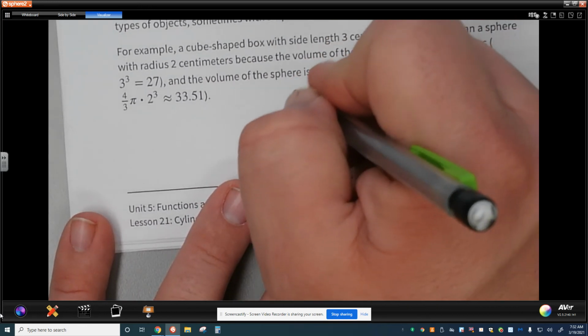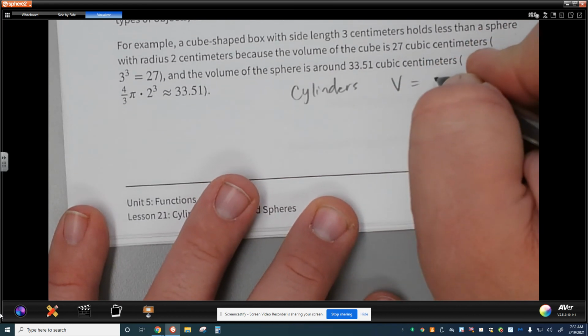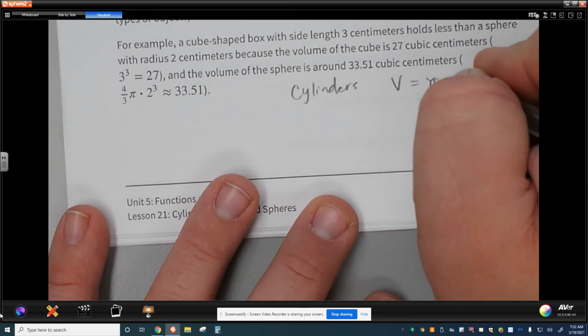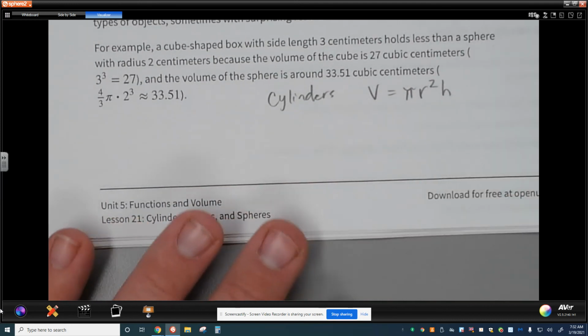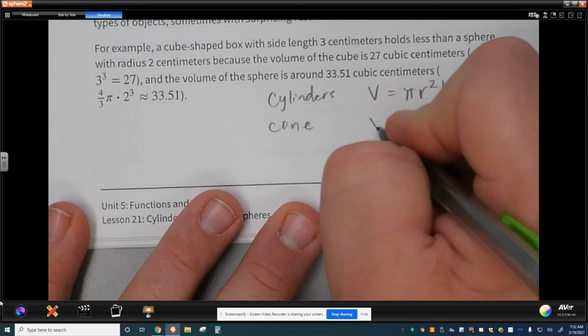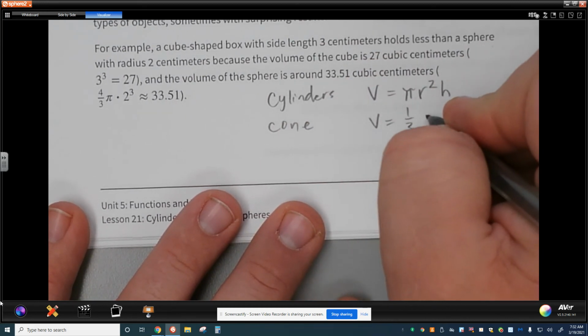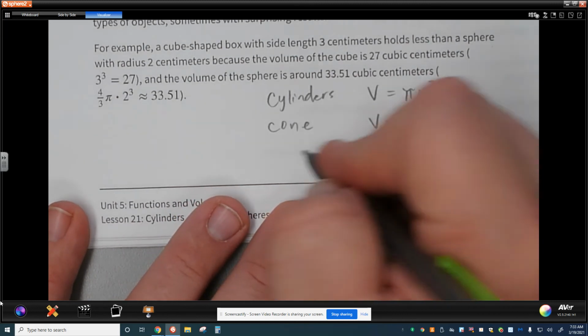We need to understand that cylinders have a volume of the base, pi times the radius squared, times the height. A circular base times the height. Cones are simply 1/3 the volume of a cylinder with an equal radius and an equal height.